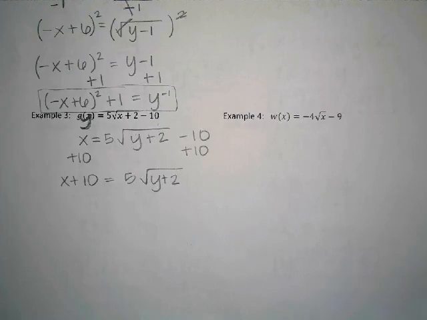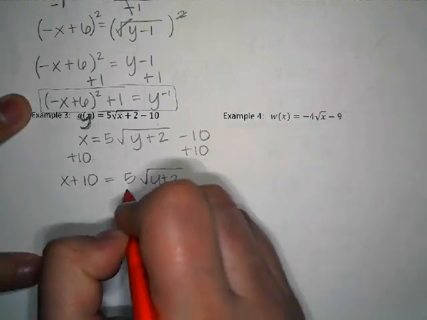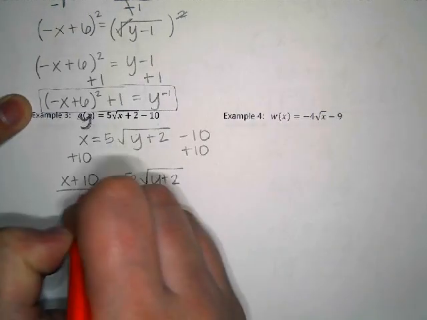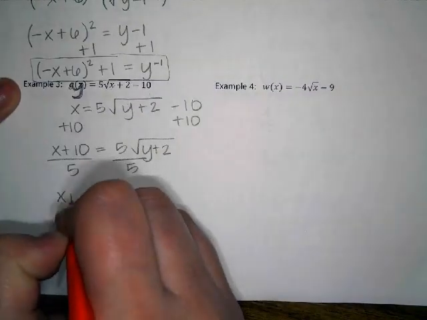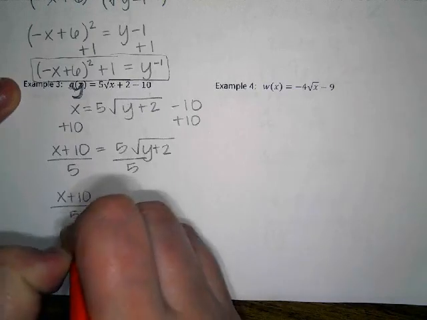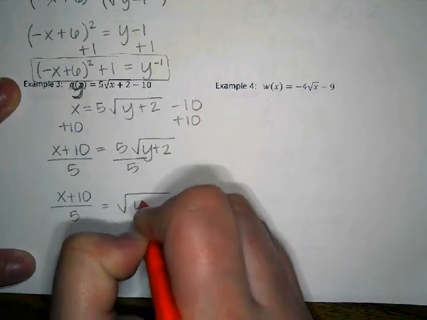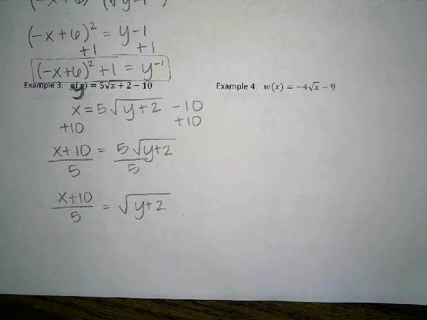Divide by 5. What do we do? We square each side.